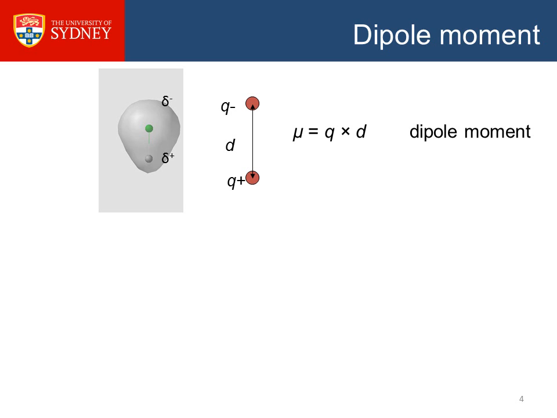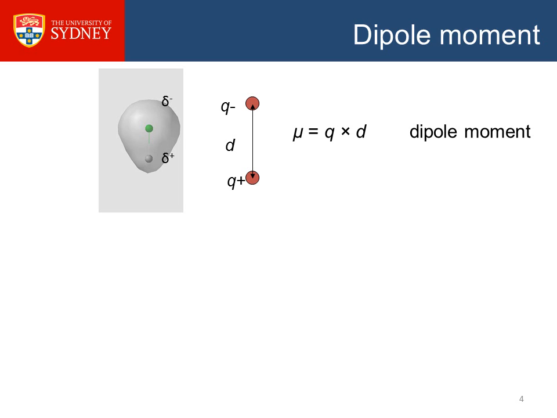Each partial charge, delta minus and delta plus, are placed in the molecule at a distance that we'll call d. And so we define the dipole moment mu as the product of this partial charge q multiplied by the distance between the two.